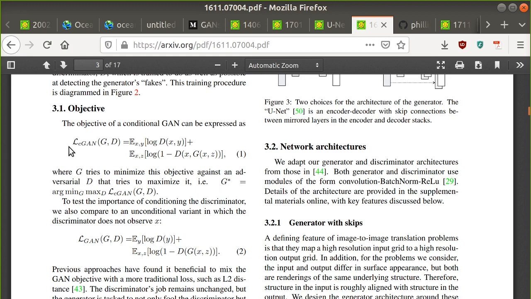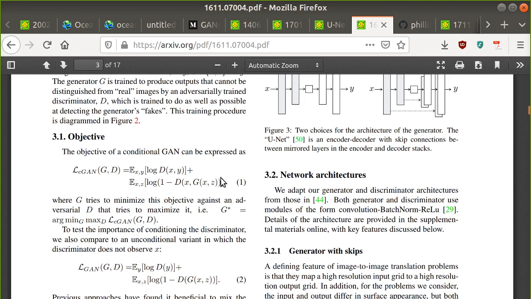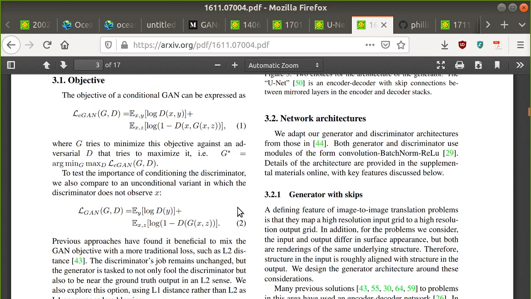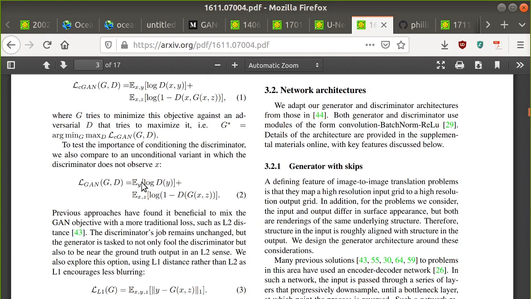So we have our conditional GAN term right here. We want to identify real data, and we want to reject fake data, and then the generator wants to get fake data accepted.